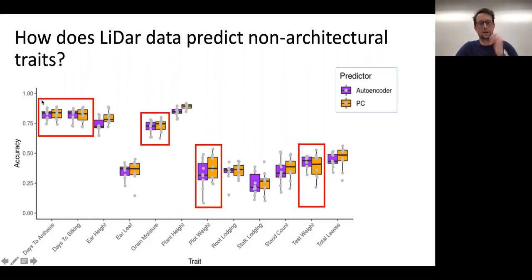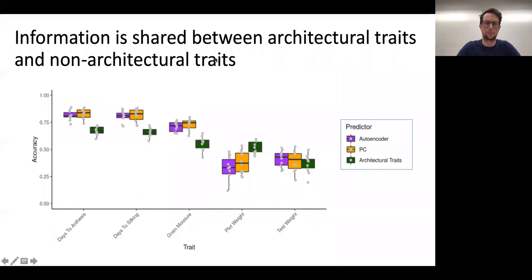So if you consider the traits in the red boxes as being non-architectural, and for the sake of simplicity, we'll refer to all the other traits as being architectural traits, what we did is we just used the exact same flavor of PLS models to predict these non-architectural traits using the architectural traits. So that's shown in green now.